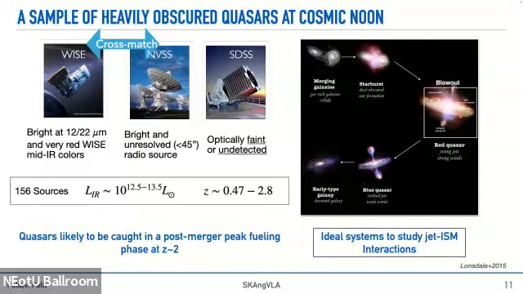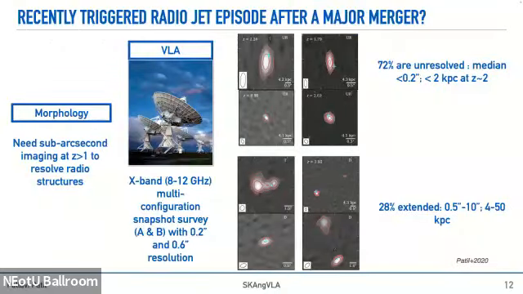So we started with a snapshot observation with VLA. The goal was to identify how many of our sources are in fact subgalactic. And what we found with our snapshot imaging was that most of these sources were compact. And at this redshift, even sub-arcsecond resolution is not enough. It will just give you a limit of 2 kiloparsecs.